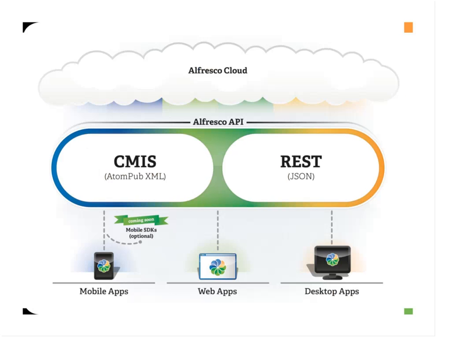So as I mentioned, the API is in two parts, CMIS and then proprietary Alfresco REST. If you've ever worked with CMIS, then you'll know that you can either work with CMIS Atom Pub XML or SOAP web services. And for the Alfresco API, we've only implemented the Atom Pub XML piece of that. Then on the REST side, it's JSON going back and forth.